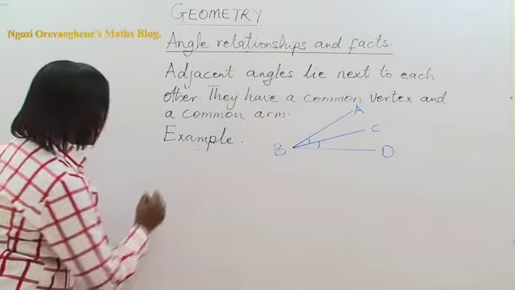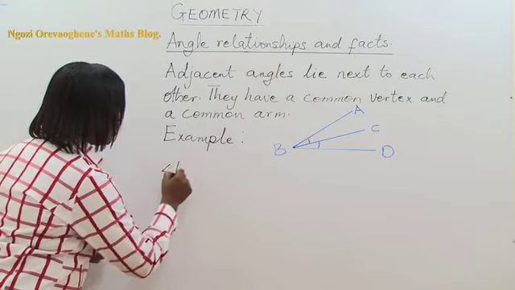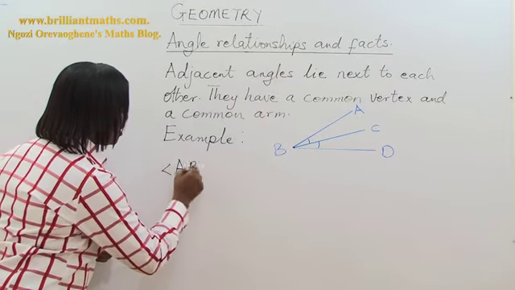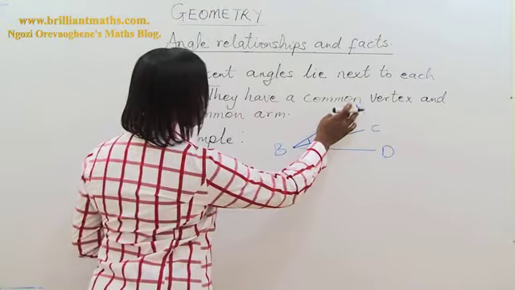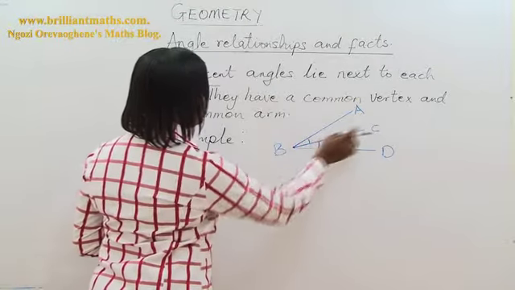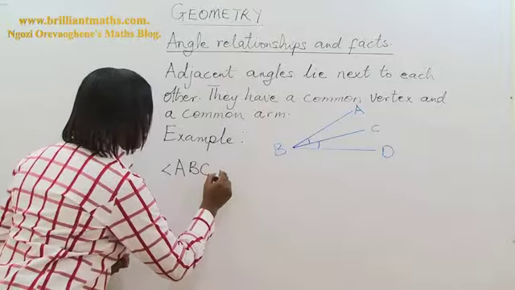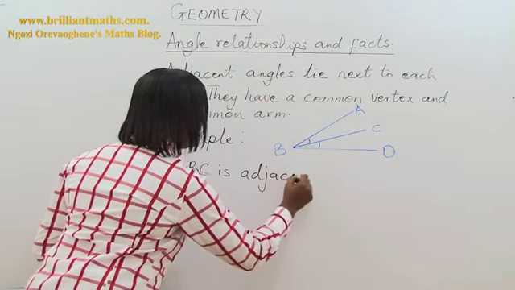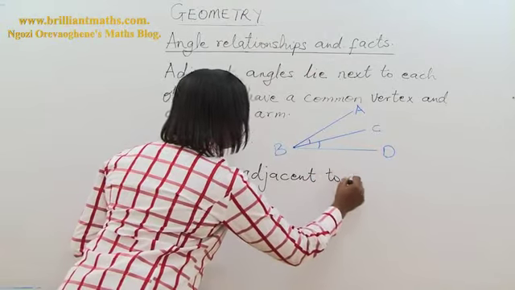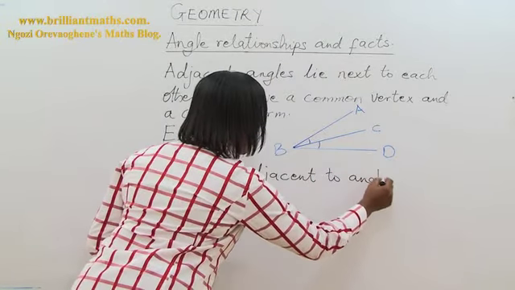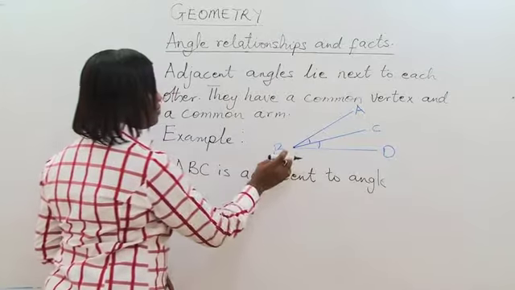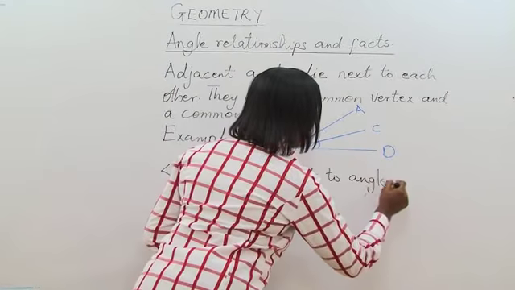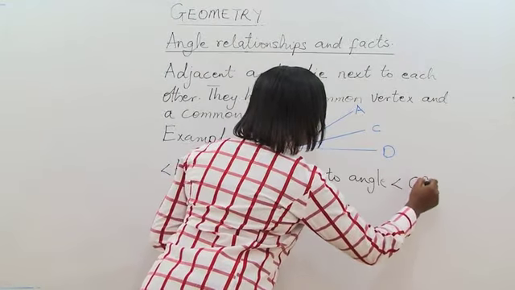So we write it as angle ABC is adjacent to angle CBD.